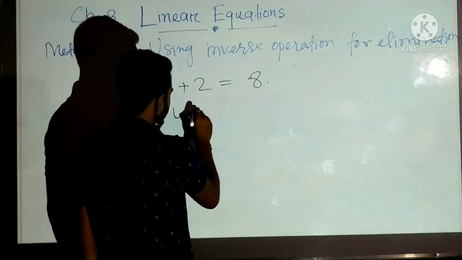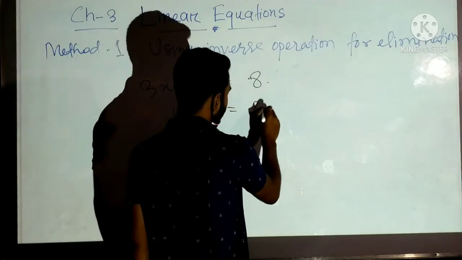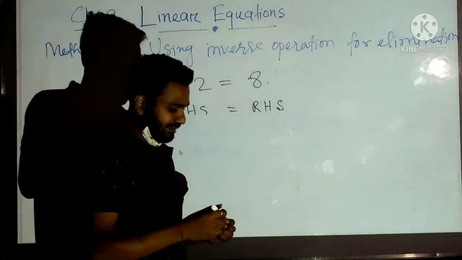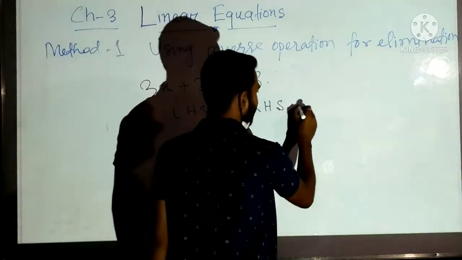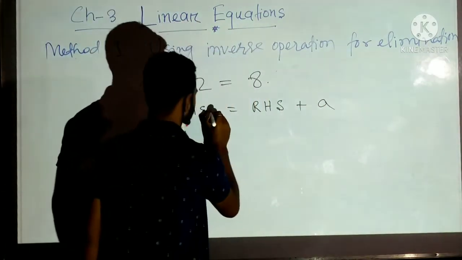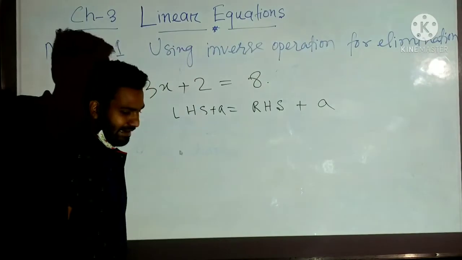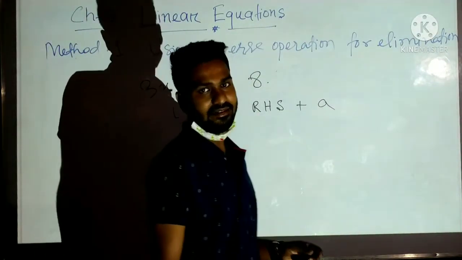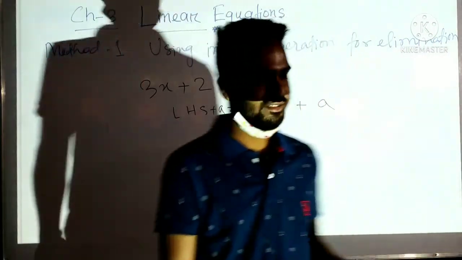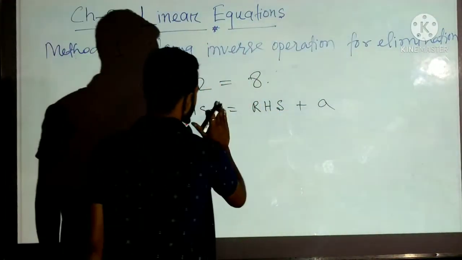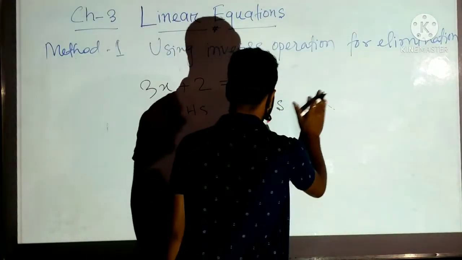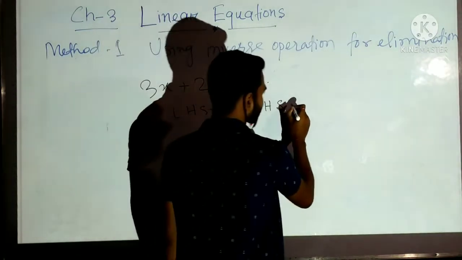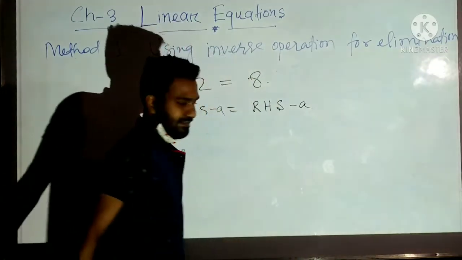Okay. Here in this equation, this is left hand side and this is right hand side. We can add any same number, let's say a, to the left hand side and right hand side of the equation. Similarly, we can subtract the same number from the left hand side and right hand side.